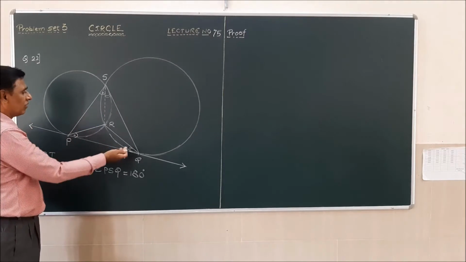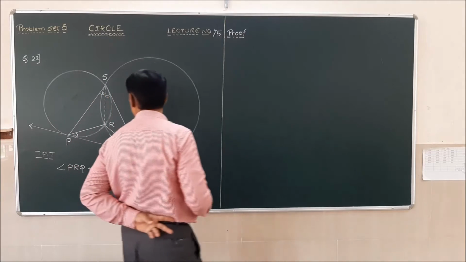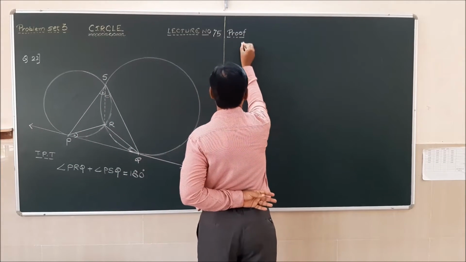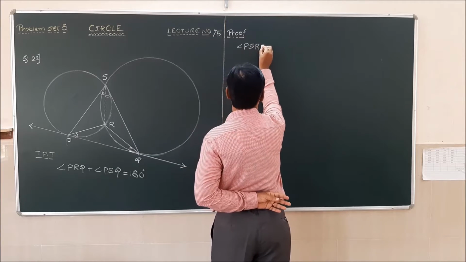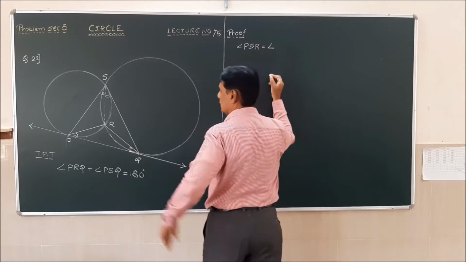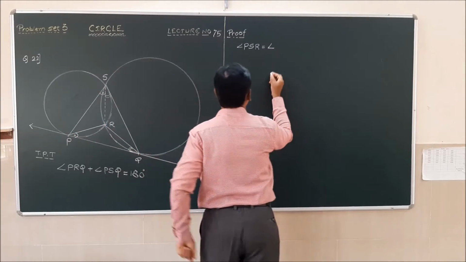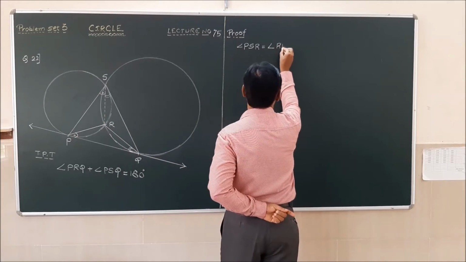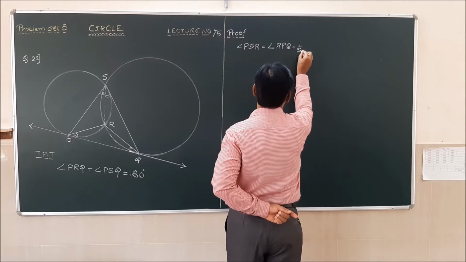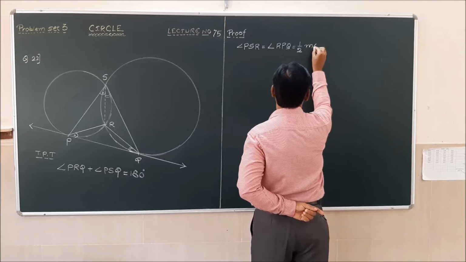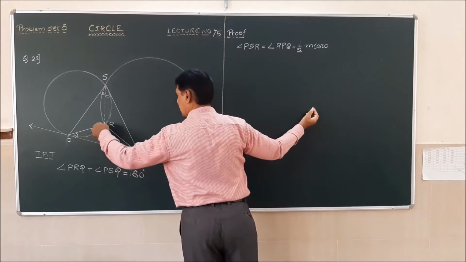So in the same manner, from this side also. Let's begin here first. Angle PSR is equal to angle RPQ, that is equal to half measure of arc PR.